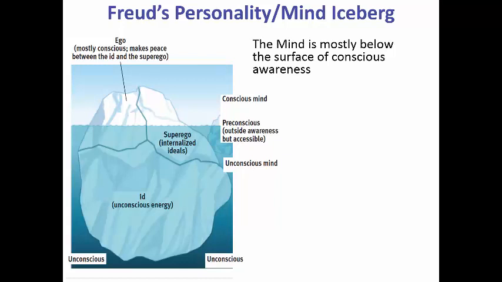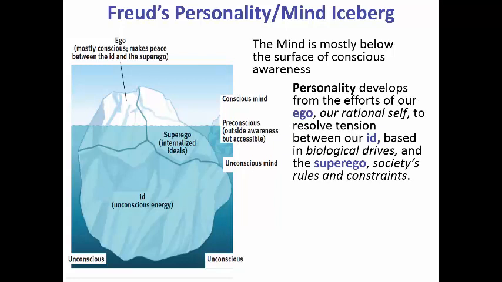It's our conscious mind. And then we have our id, which is completely unconscious, and that's where we have our drives, our sexual urges, our desires to be violent, etc. And then the superego is our preconscious. So it's outside of our awareness, but it's accessible. It's like our morality.